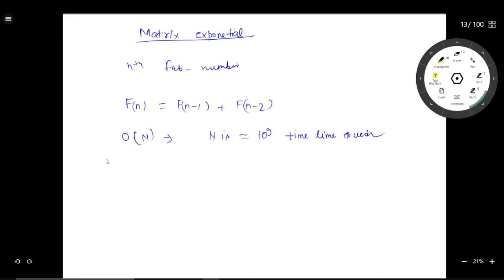So we will find an efficient way to calculate the nth Fibonacci number, or any other function, using matrix exponential.